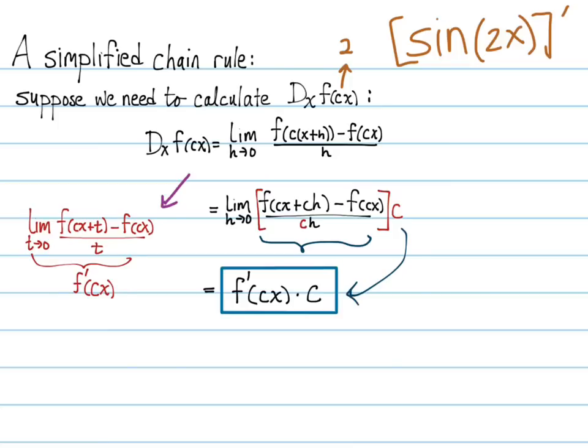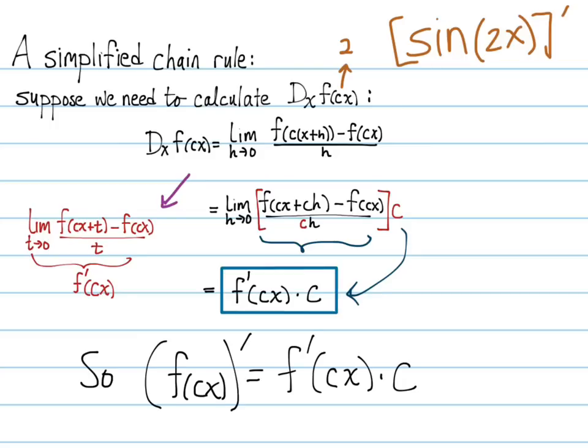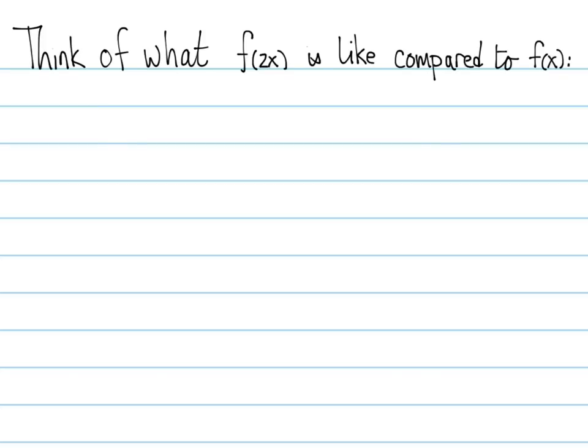And so you can see, if you take the derivative of f of a constant times x, it's just the derivative evaluated at the constant times x, times the constant. As an example, let's think about what happens if you have f of x and f of 2x.